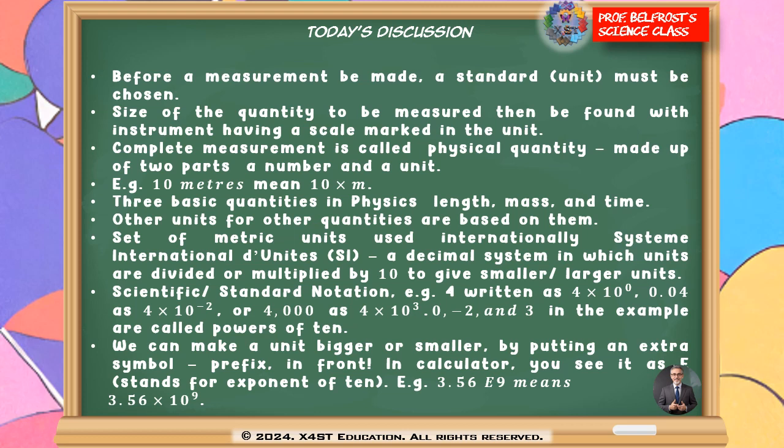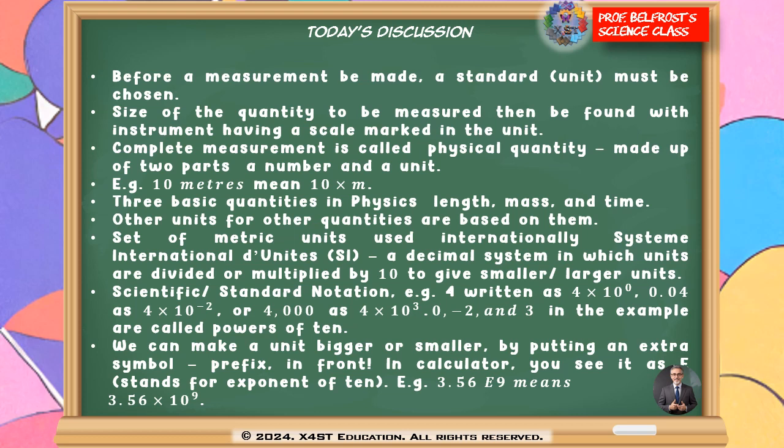Okay. In physics, there are 3 basic quantities: length, mass, and time. Other units for other quantities are based on them. But some books will include more than these 3 base quantities, which maybe you have candela, mole, ampere, Kelvin. But the most used ones are length, mass, and time.